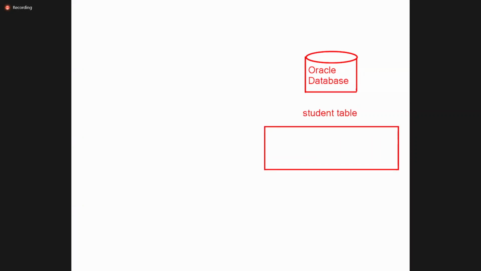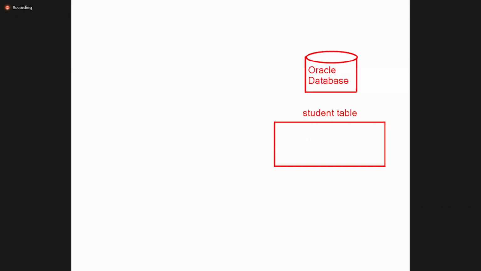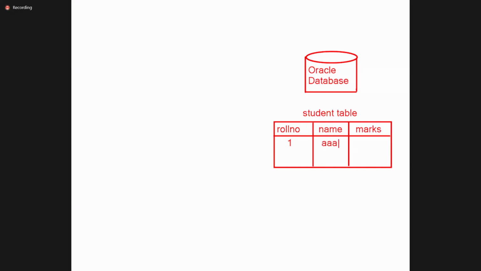In this student table, already one record is there, with three columns: roll number, name, marks.